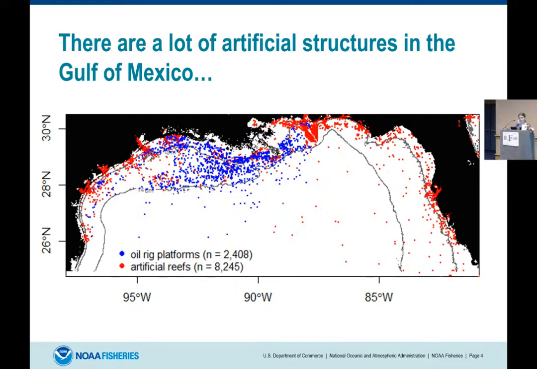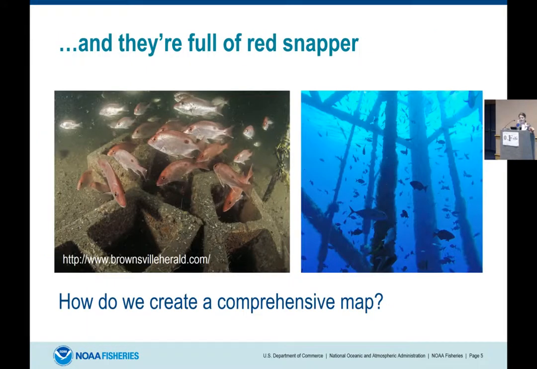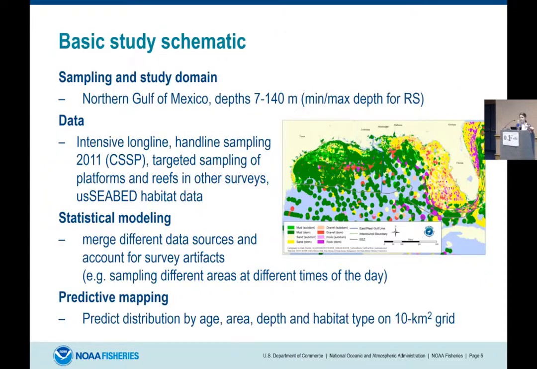So we had 2,408 oil rigs and 8,245 artificial reefs. And then, of course, these are full of snapper. Again, I suspect I don't need to state that to this crowd. And so how do we create a comprehensive map with all of these artificial structures, because clearly they're important to red snapper.